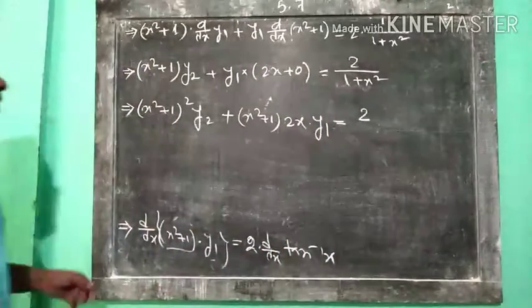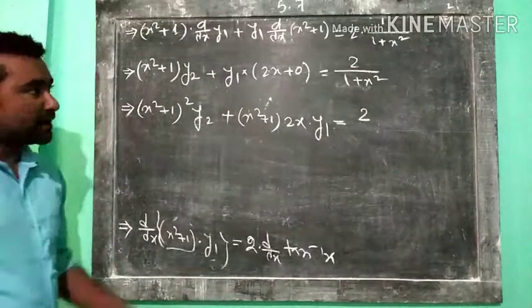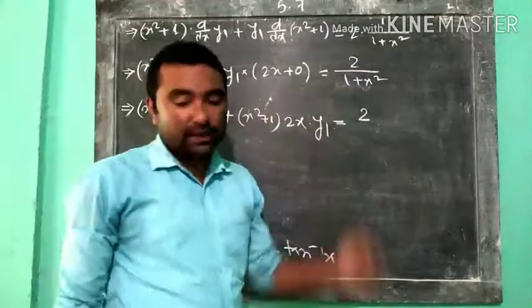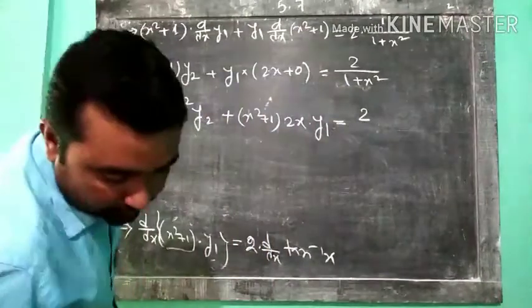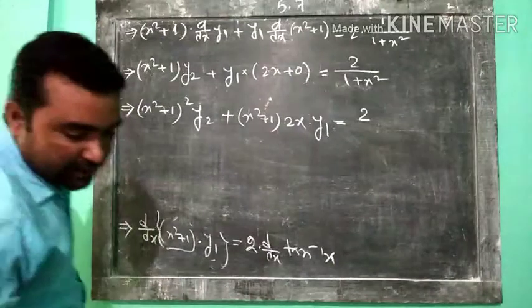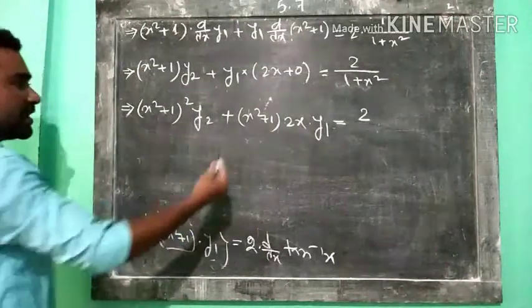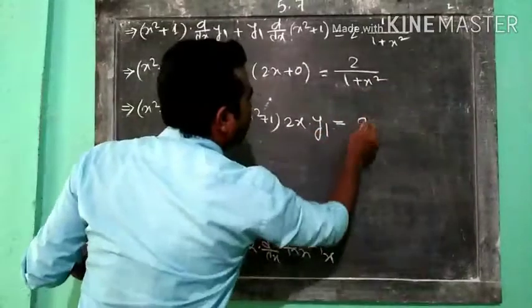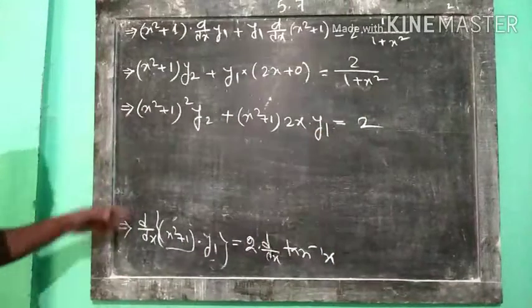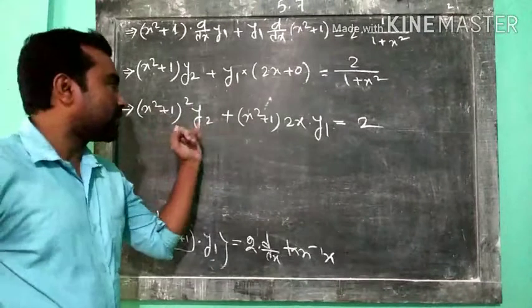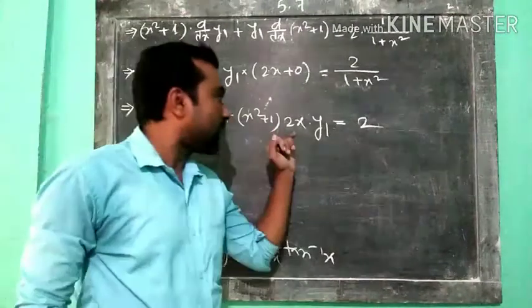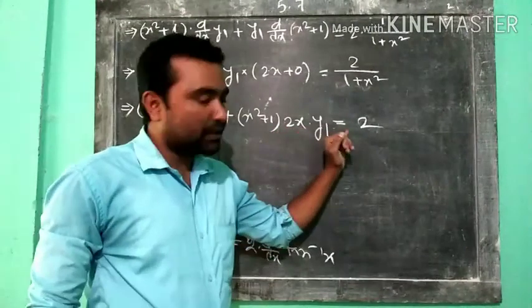This is the final answer: (x square plus 1) whole square y2 plus 2x (x square plus 1) y1 equals 2.